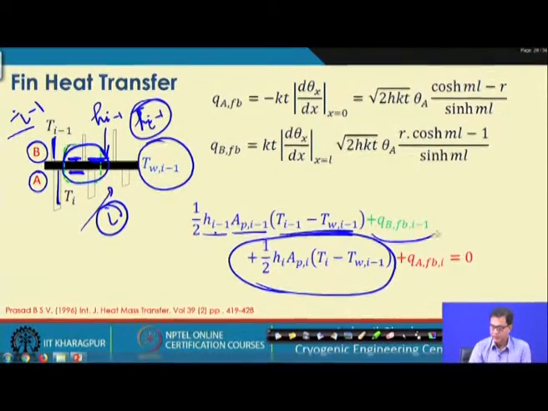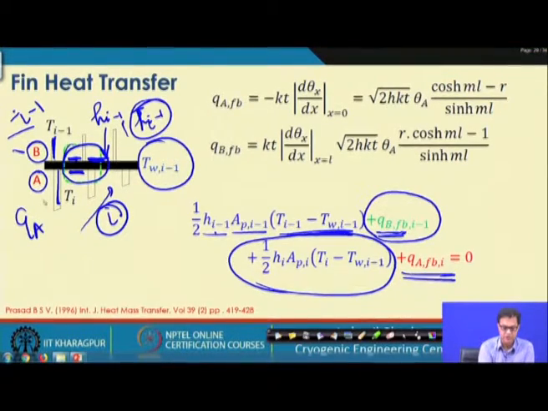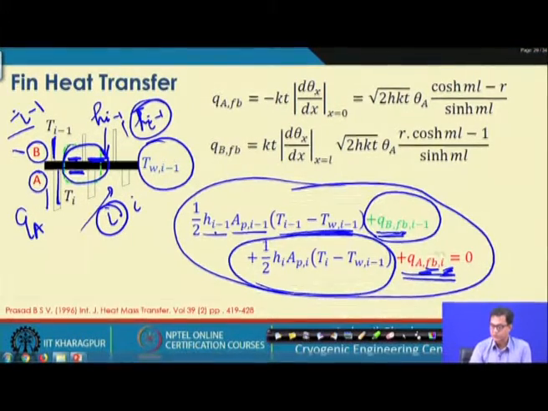Then we have the contribution from the B side fin, the heat transfer from the fin base of the i minus 1th side fluid, and then the heat transfer Q A for the A side and the fin base, as we have decided, on the ith side fluid. That equals 0. This is the equation for the wall of the i minus 1th one.